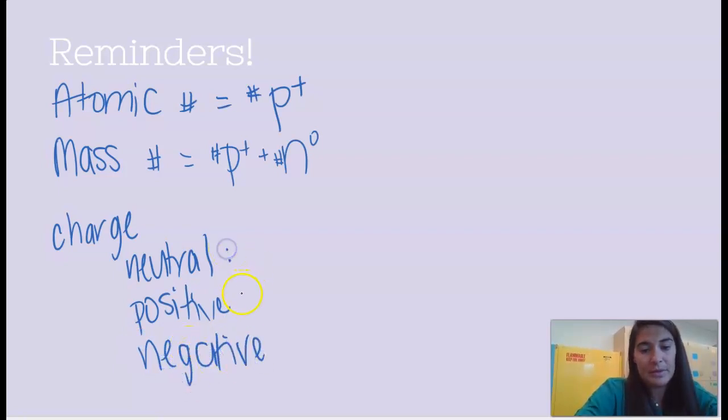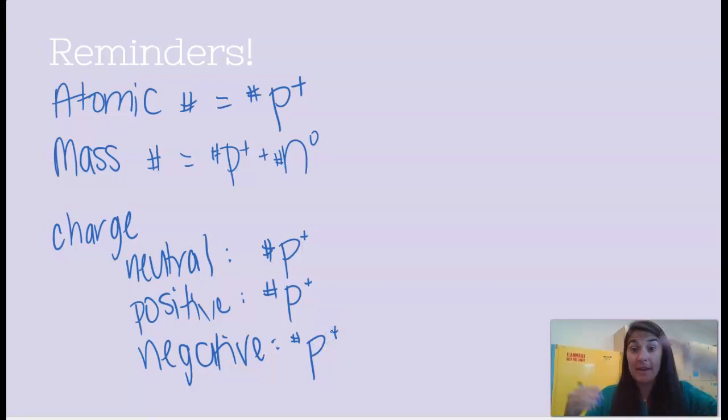Okay, and so with those things in mind, if something is neutral, and remember, neutrons are neutral, so when we talk about charge, neutrons have nothing to do with it. And for all of these, we want to relate it to the number of protons. Remember that the number of protons cannot change, right?